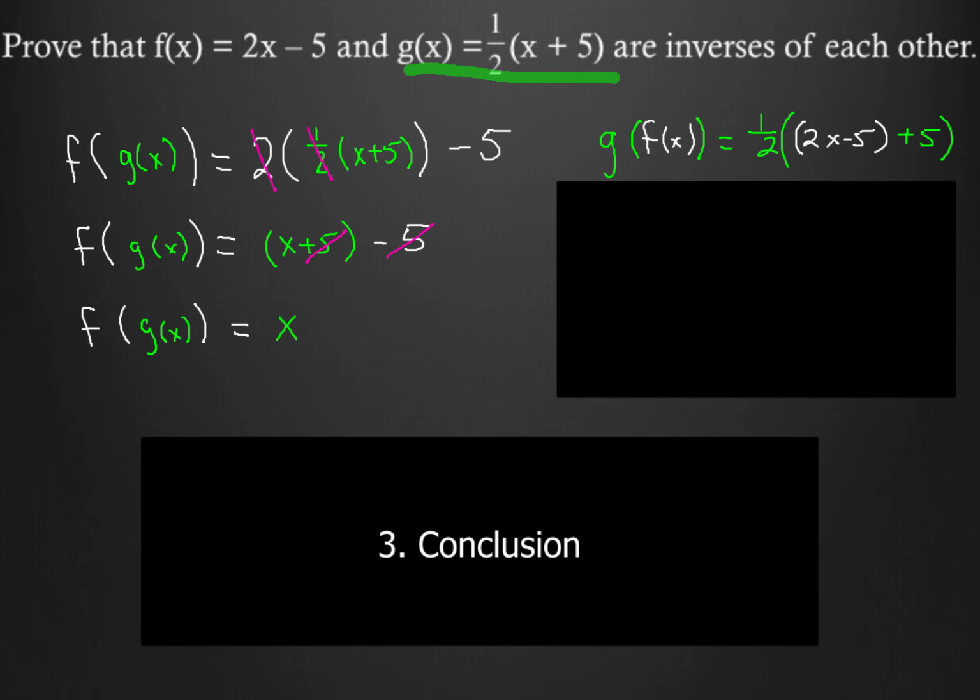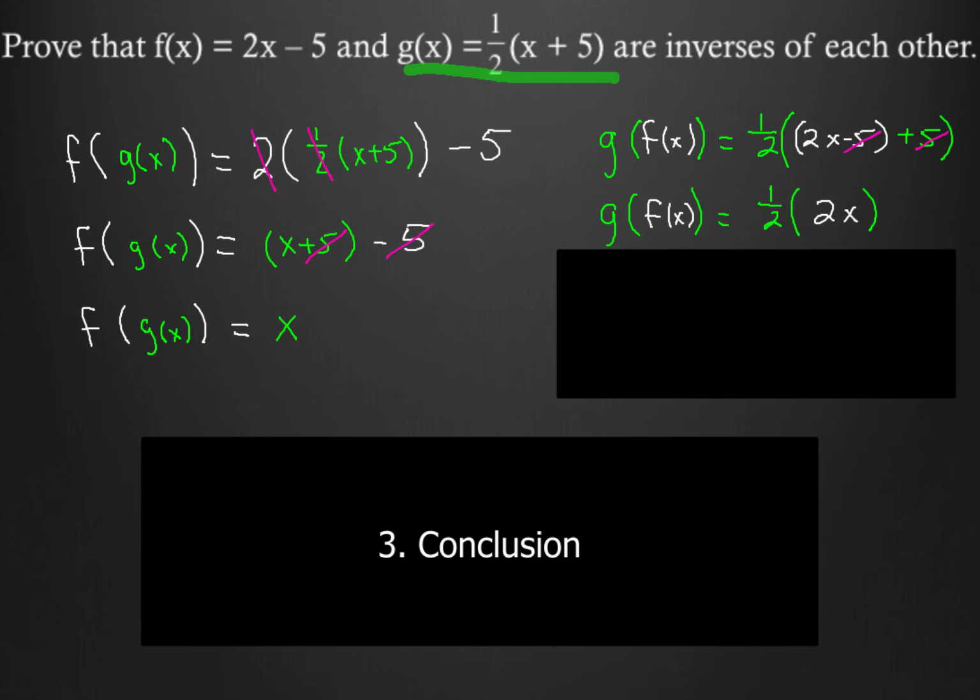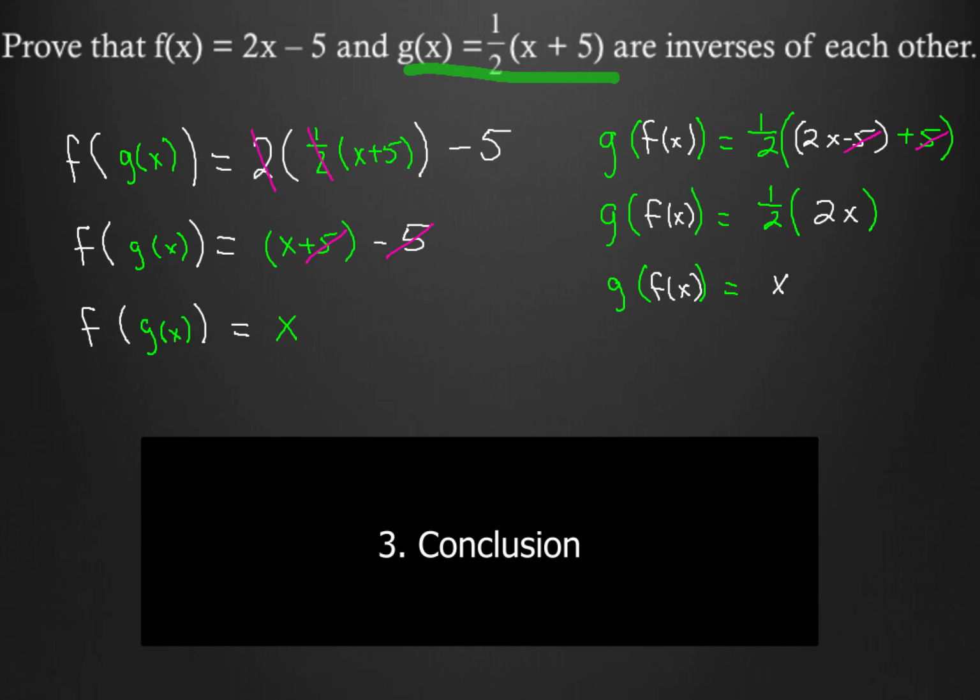Now as we take a look at our first line here, check it out. I'm going to have minus 5 right there, and this plus 5. The two of them are going to cancel out, leaving me with g of f of x equals 1/2 of just 2x. But then again, what's 1/2 times 2x? We'd be left with g of f of x just equals x.